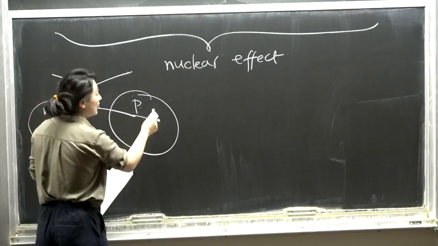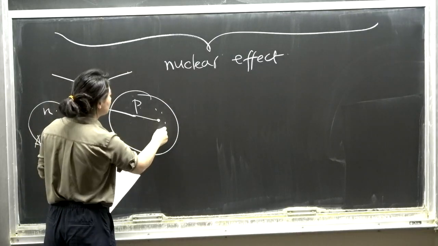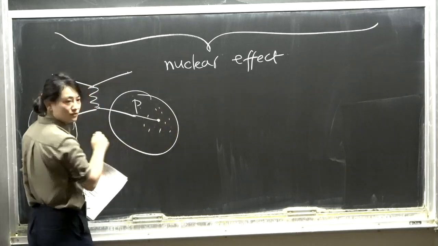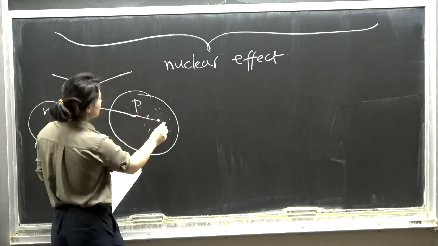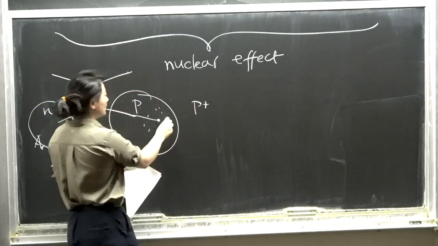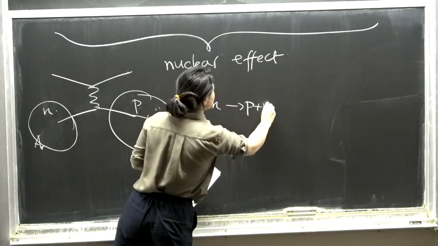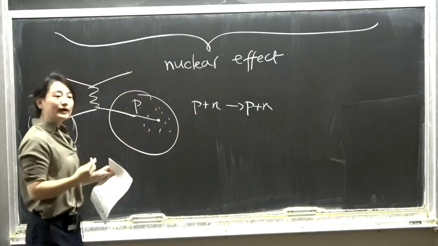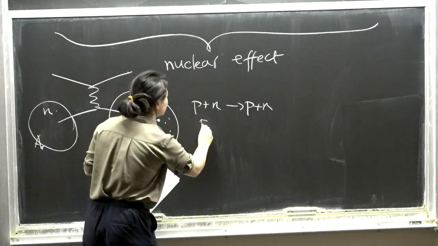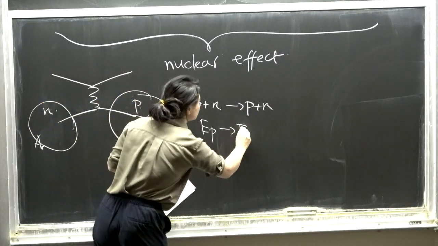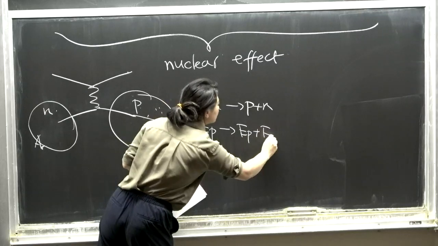And as it propagates out, it's going to run into other protons and neutrons in the nucleus. So for instance, this proton could further run into a neutron here. And let's just say it's an elastic scattering. But what happens is the energy of the proton will now get transferred into some energy of the proton and some energy of the neutron.